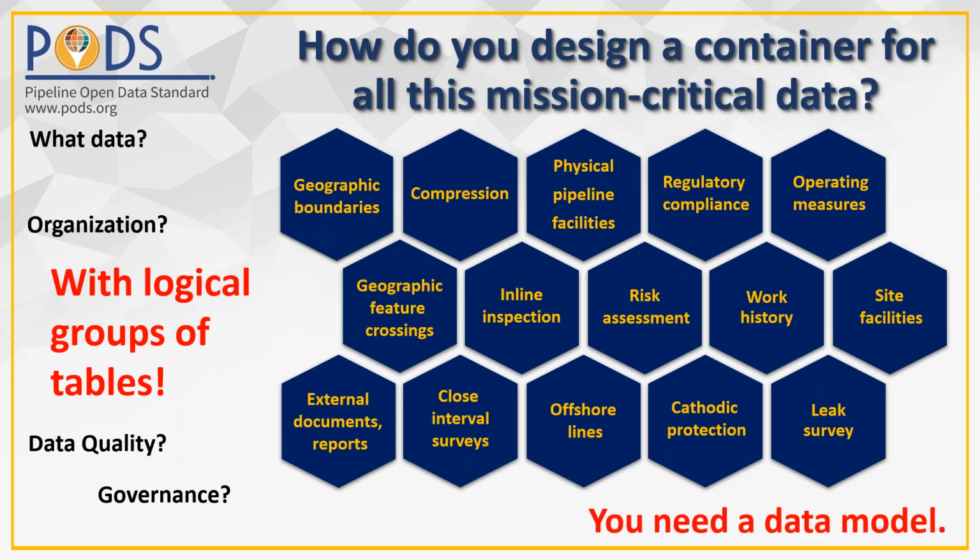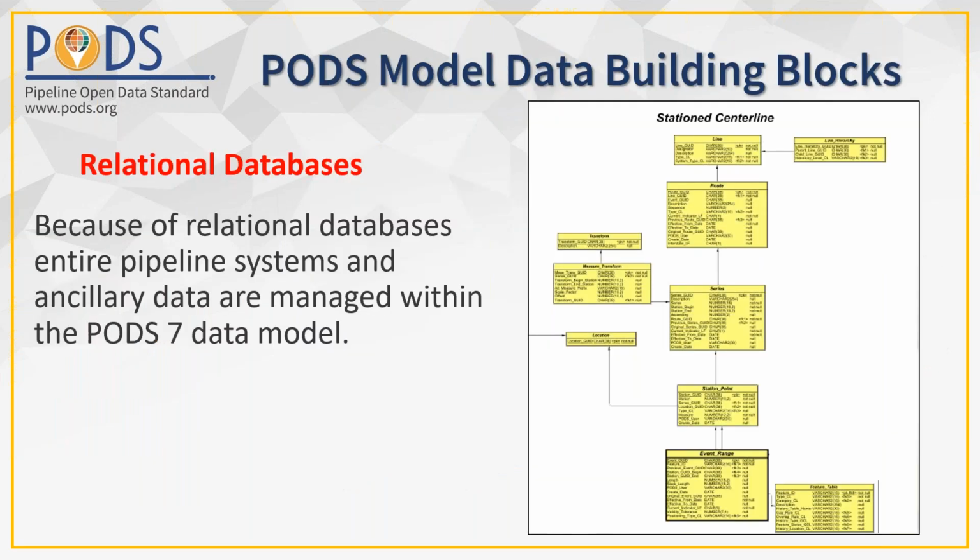So you need a data model, and that's where PODS comes in. So this is an example of a previous PODS model. And what you're seeing here is a station center line.